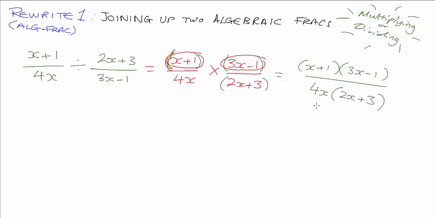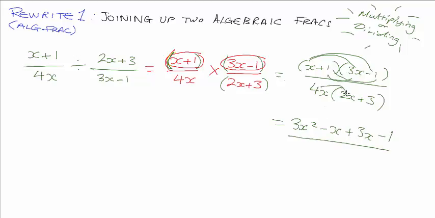Do you see that? Afterwards it's just a case of multiplying these things out, which you guys should be happy with, so I'll do it for the sake of it. 3x squared minus x plus 3x and minus 1.